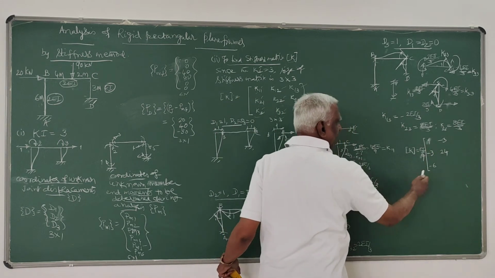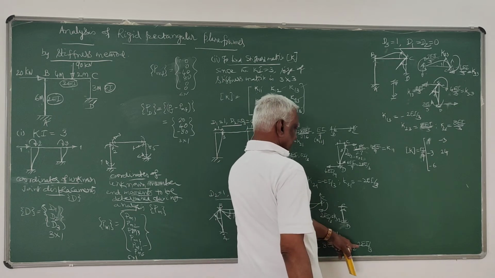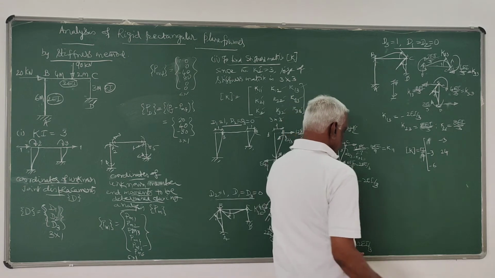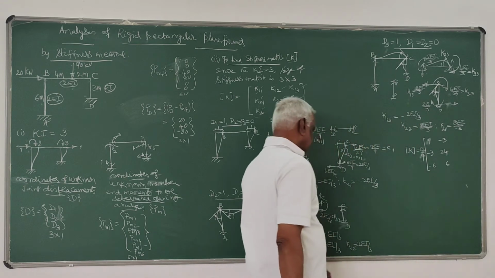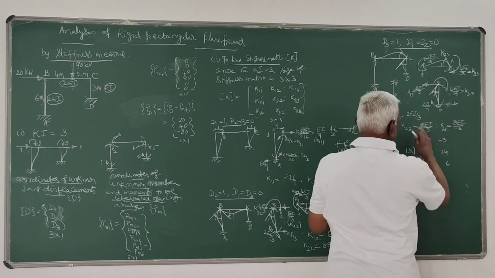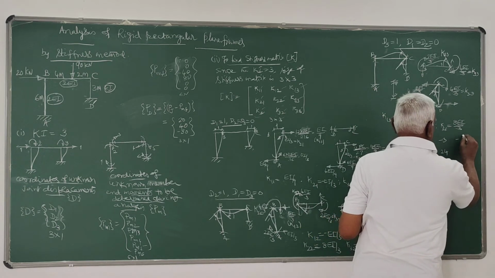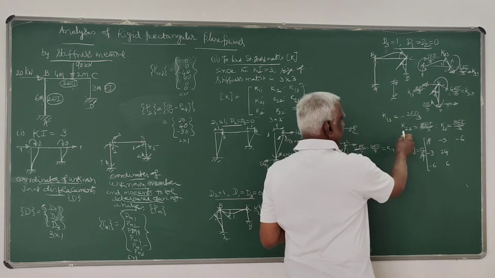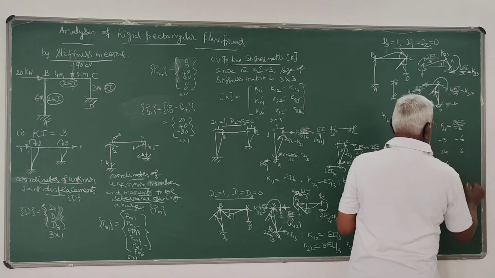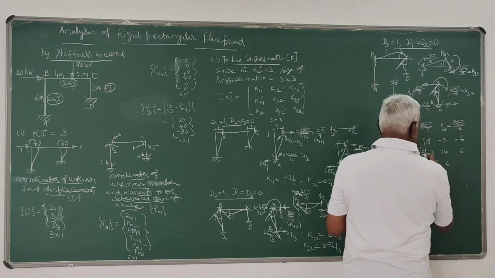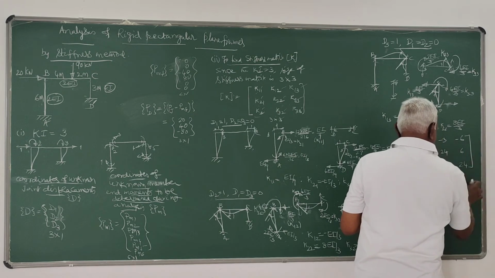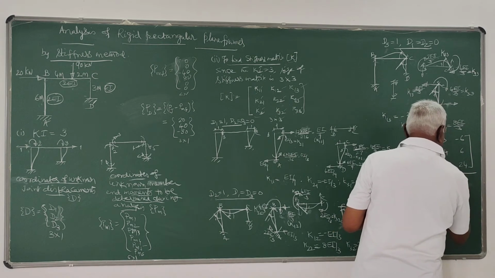K13 is minus 2EI by 3; EI by 9 taken outside, so it is minus 6. K23 is 2EI by 3, so this is 6. K33 is 8EI by 3, that is nothing but 24. So this is our stiffness matrix.